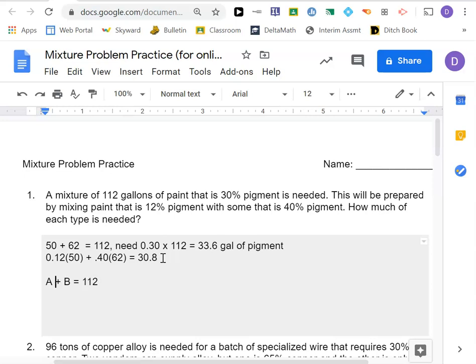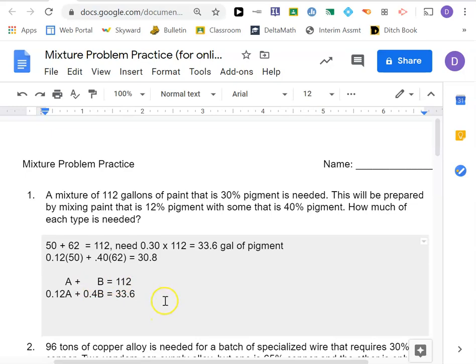Okay, maybe I'll spread this out a little bit so we got some room. So I want A plus B equals 112, but also I want 12% of A plus 40% of B to equal, remember, 33.6.